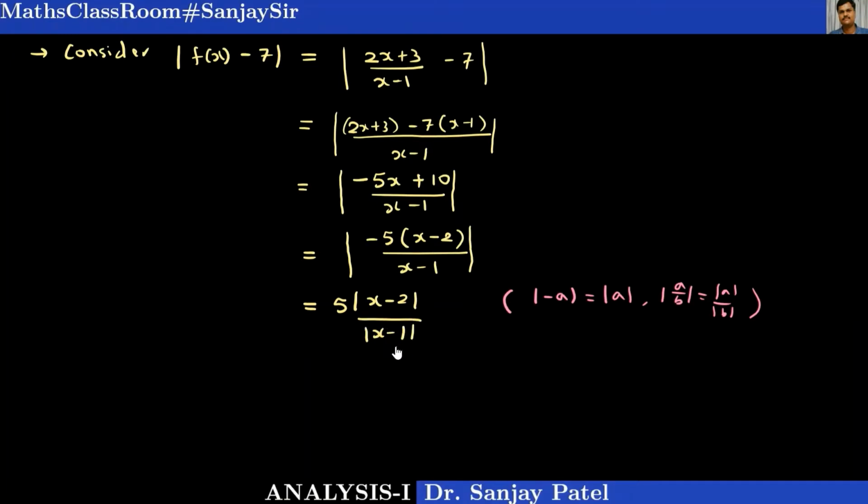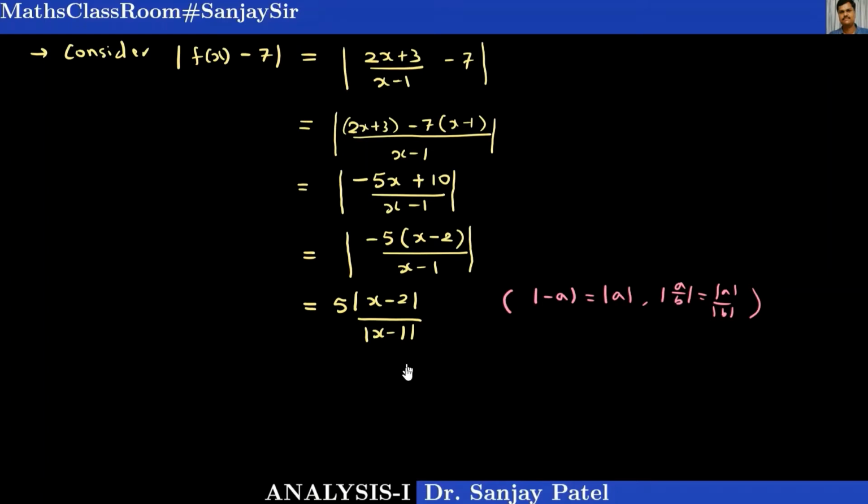upon x minus 1. Now in such expressions, always try to concentrate on denominator first. See, the basic idea here I am going to use is, if I make the denominator 1 upon this mod of x minus 1, that quantity less than some constant, then the problem becomes very simple.